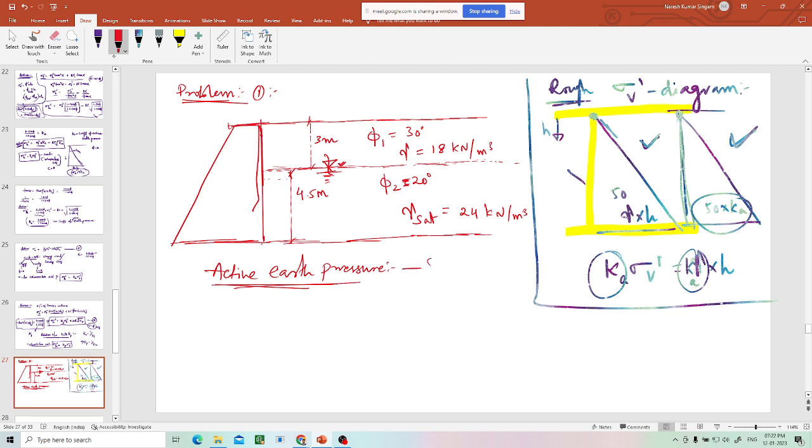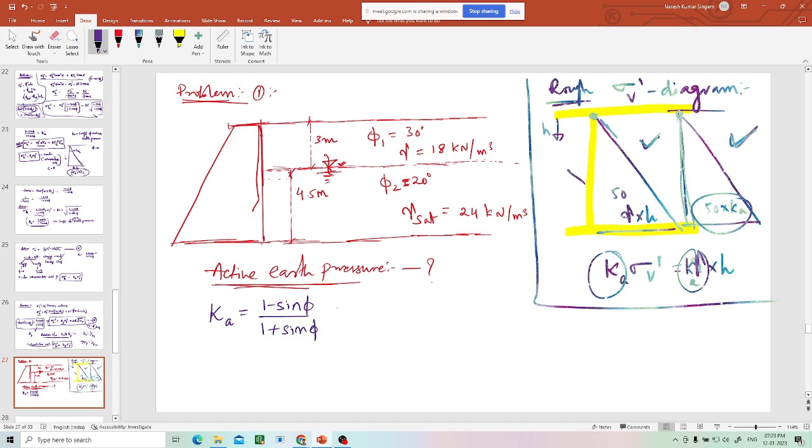For active earth pressure, what do you need? You need the Ka value. What is the formula for Ka? Ka equals 1 minus sine phi divided by 1 plus sine phi.